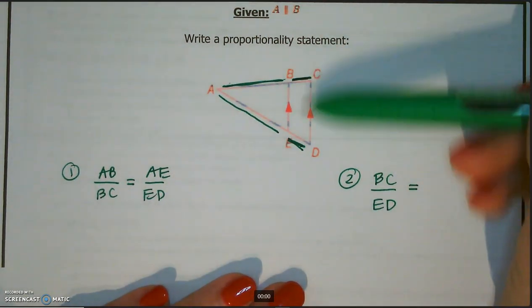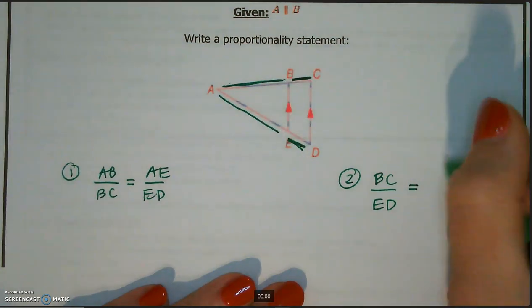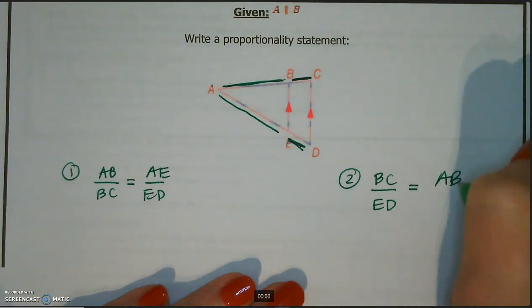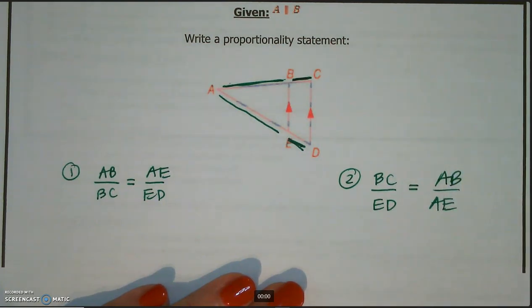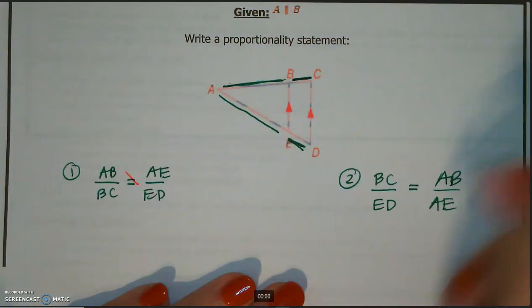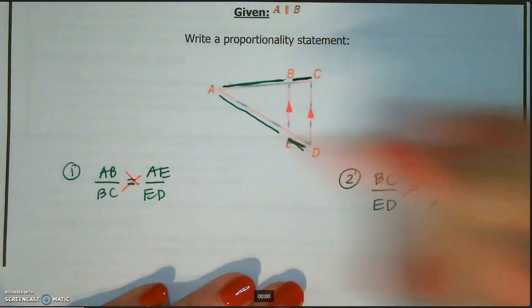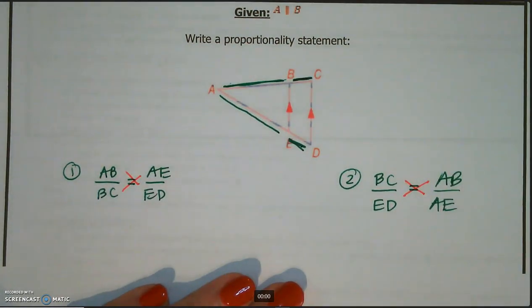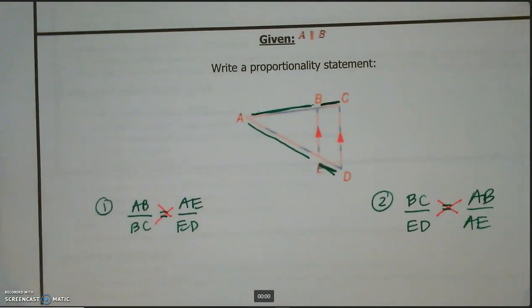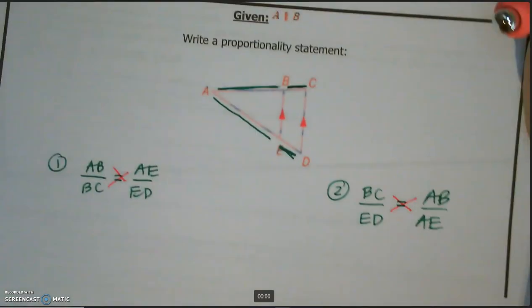All right, since I did top over bottom, I'm going to do top over bottom. So that would be AB over AE. Okay, notice in both of these cases, AB is going to ED and BC is going to AE, right? So they're both really solving for the same thing. All right, let's apply this in a problem on the next page.